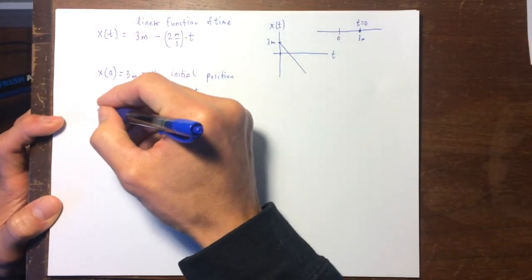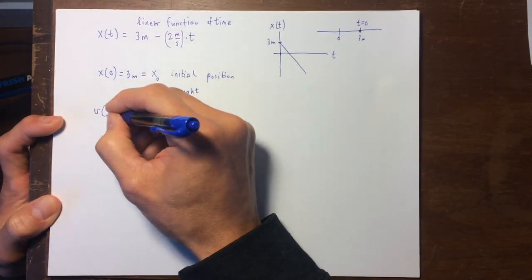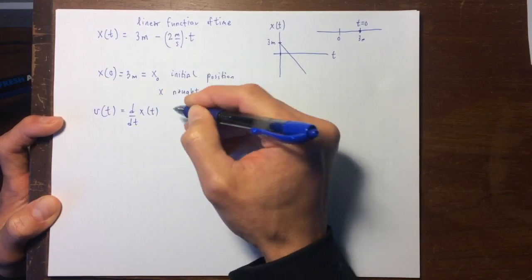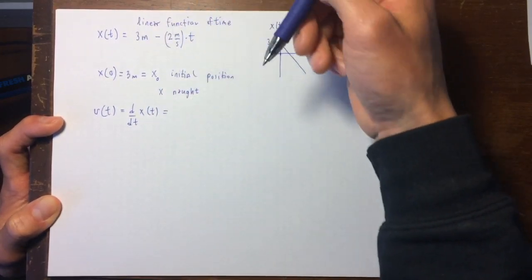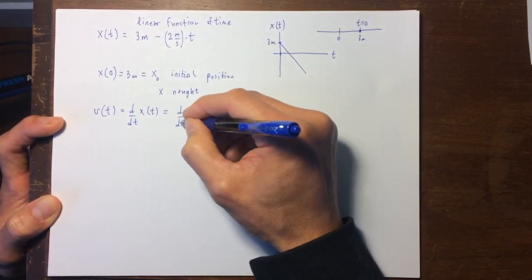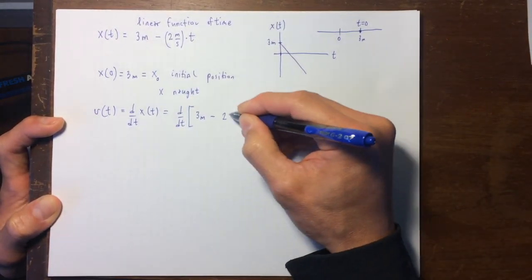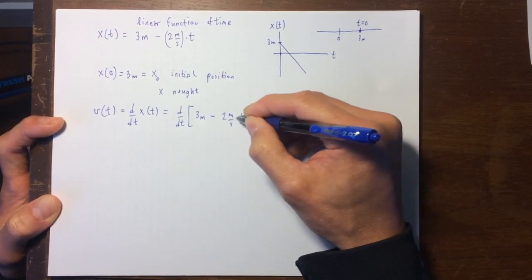Okay, but let's do some calculus. So v of t is d by dt of x of t. I go and take the time derivative. So d by dt of 3 meters minus 2 meters per second times the time t.